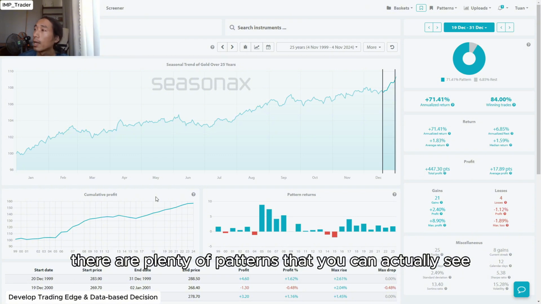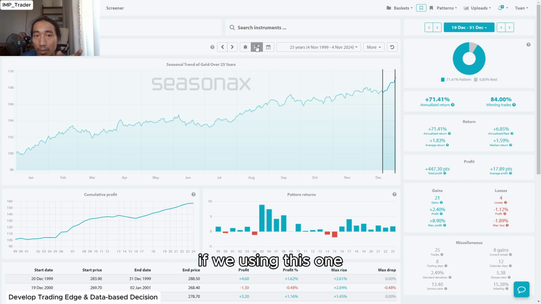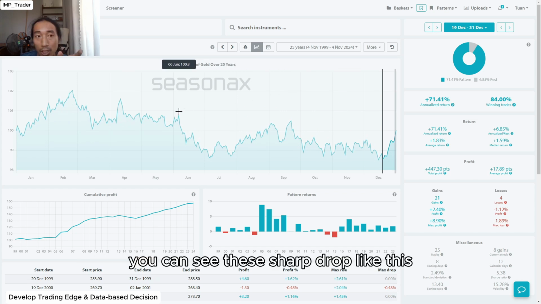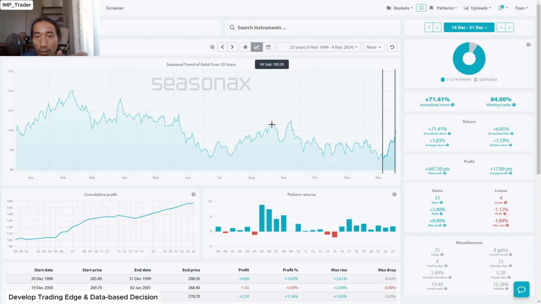There are plenty of patterns that you can actually see if we use this one. I think we're going to see the trend more obviously. You can see the sharp drop like this here, sharp drop.